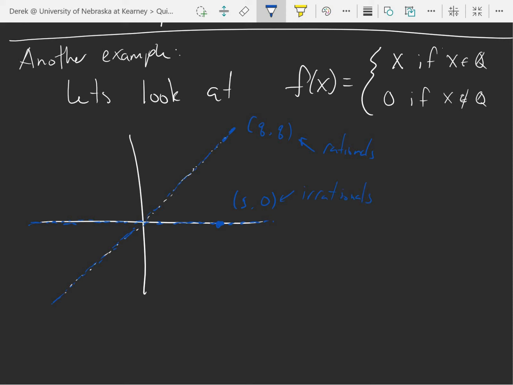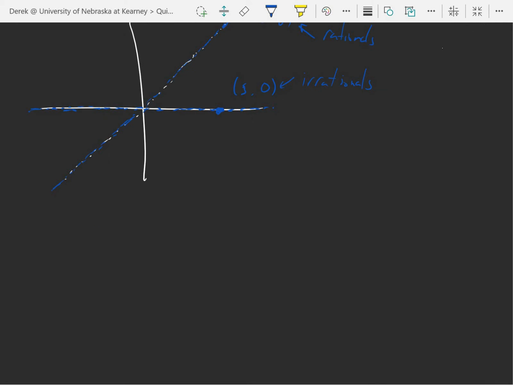All right. So let's see, does the limit as x approaches 0 exist?